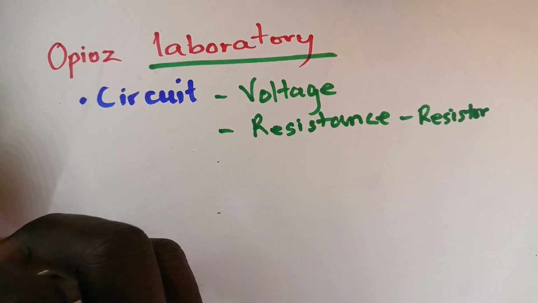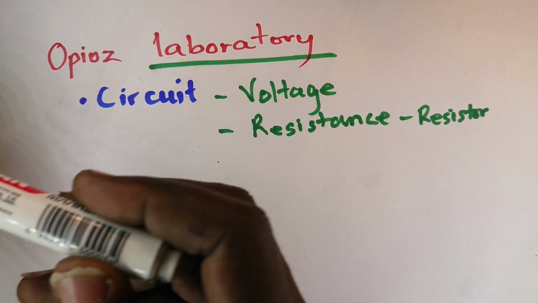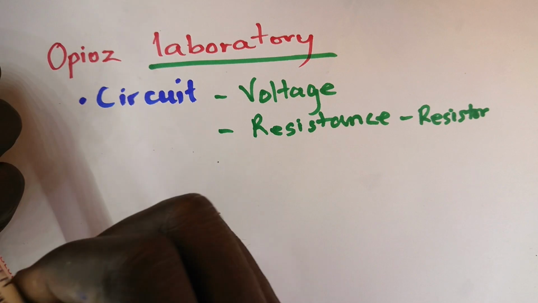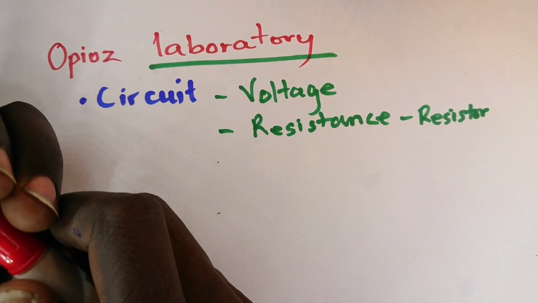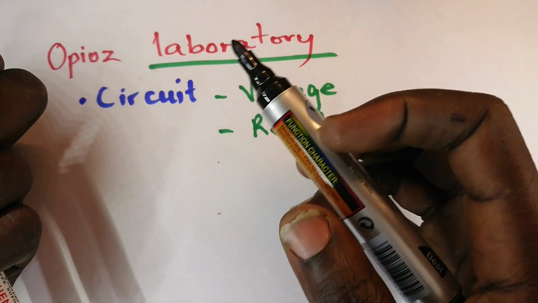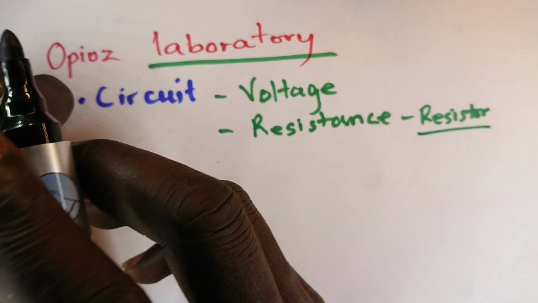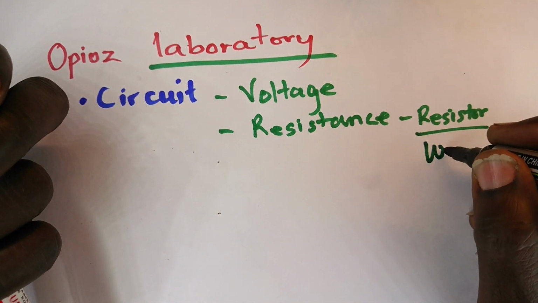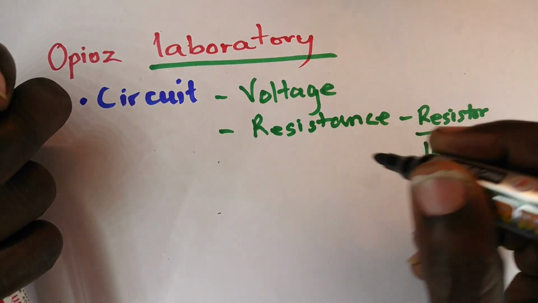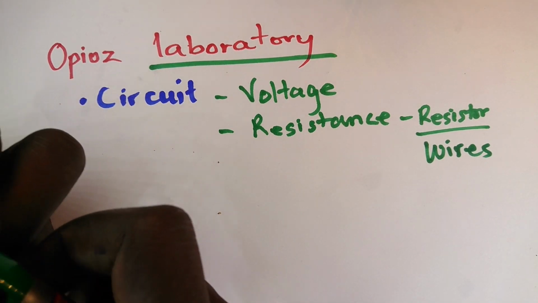Now, having talked about resistance, I thought it fit that we should also look at wires. Basically that's like 0 ohm resistors. So we actually looked at the concept of wires, which introduced you to the idea of what a wire is.